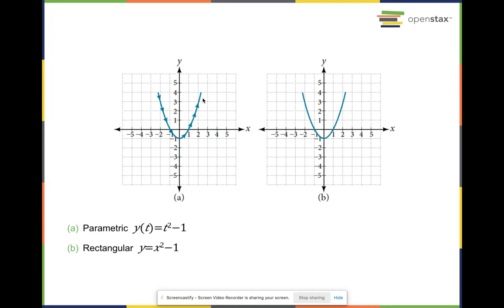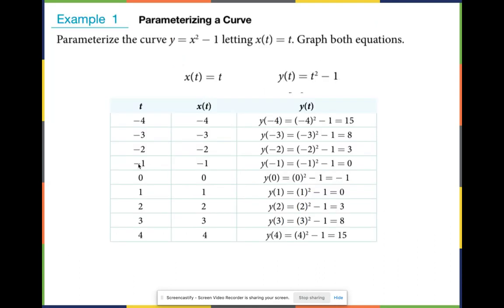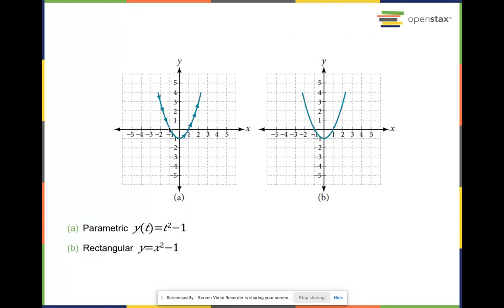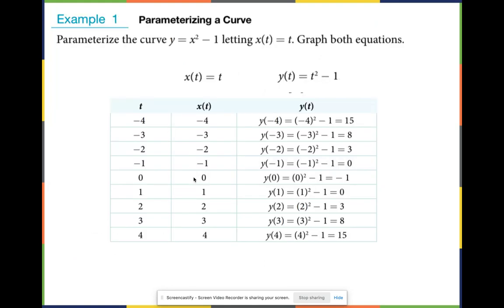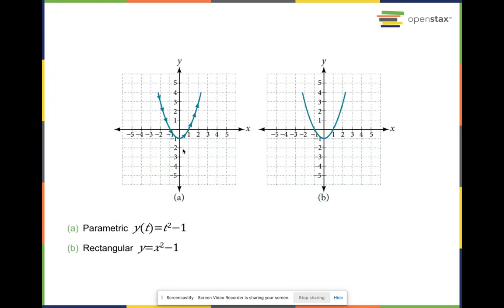We can see that because if t is -1, we're at -1, 0, right here. Then if t is 0, we're at 0, -1, right here. And if t equals 1, we're here.